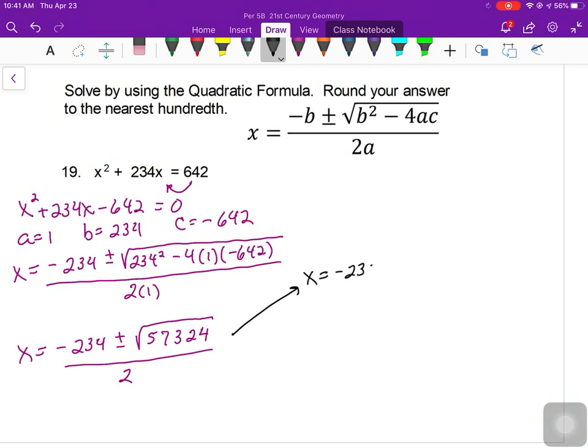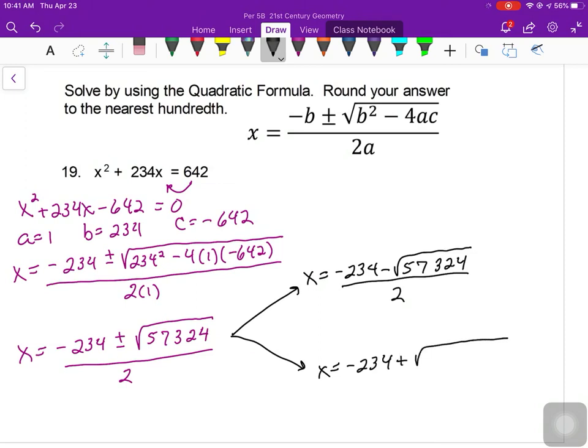The one part uses the negative: negative 234 minus the square root of 57,324 divided by 2. The other uses the positive: x equals negative 234 plus the square root of 57,324, all divided by 2.